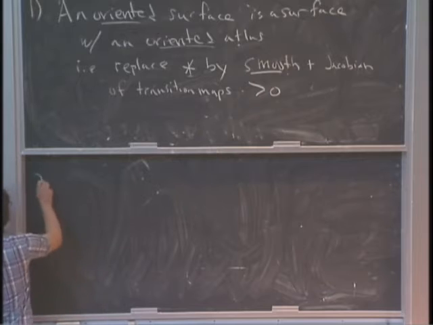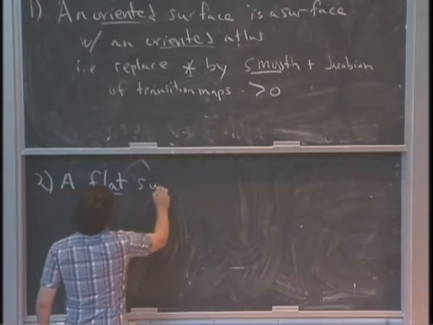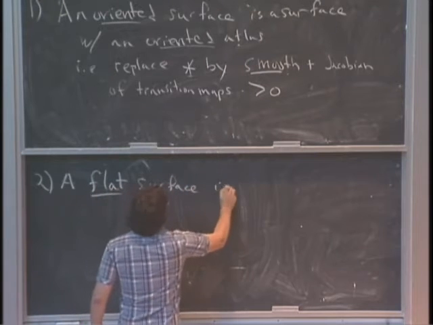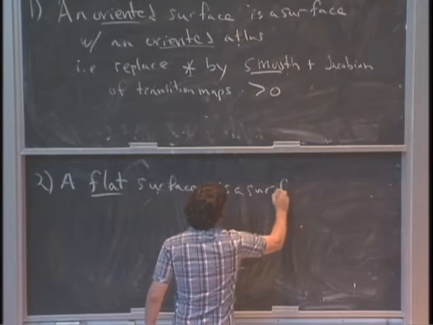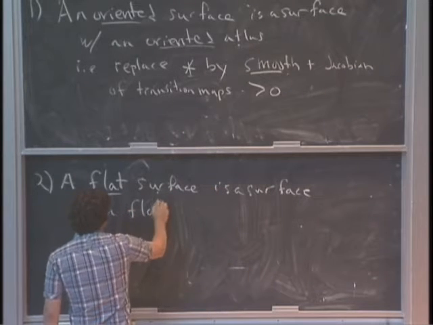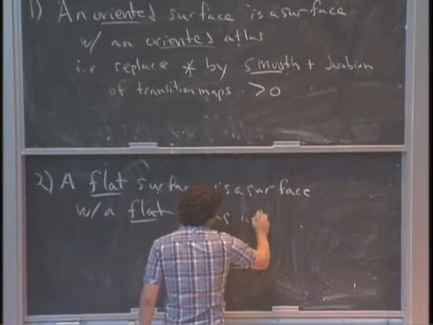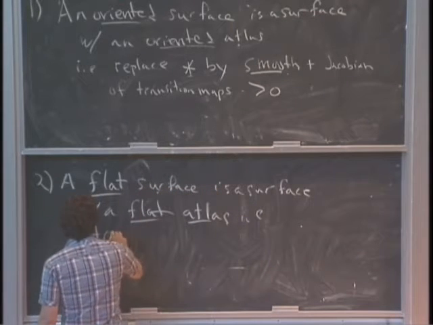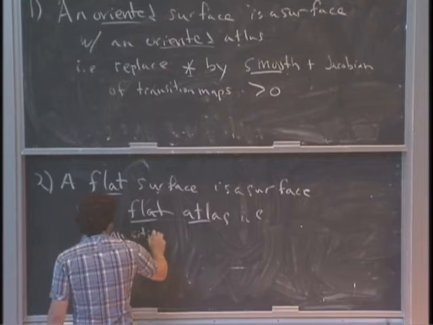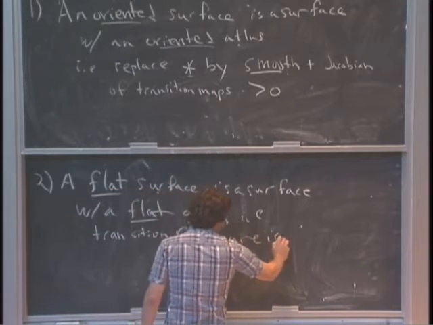So we say a flat surface is a surface with a flat atlas, i.e., the transition functions are isometries.